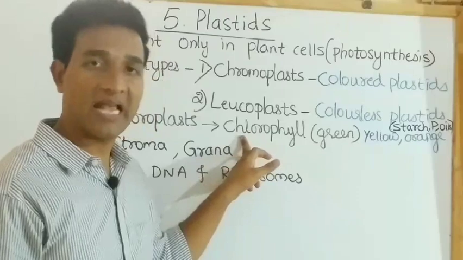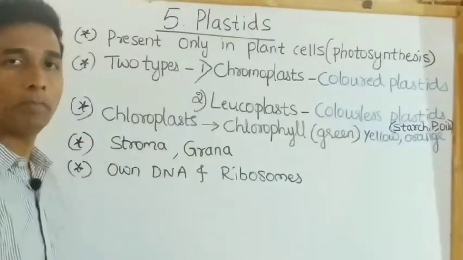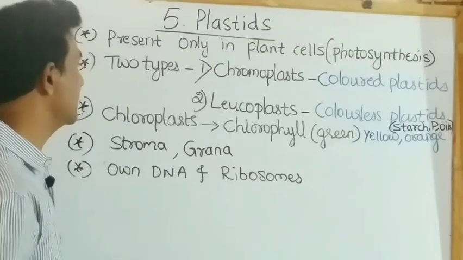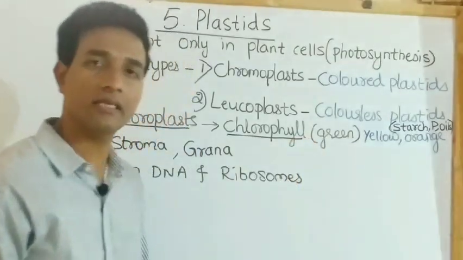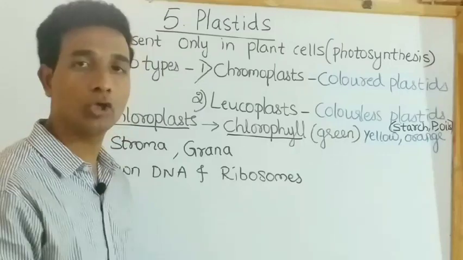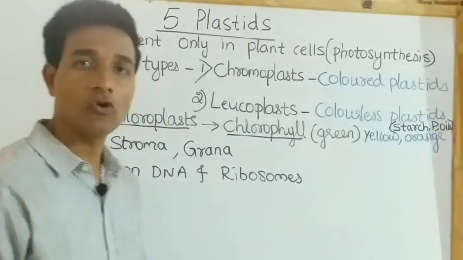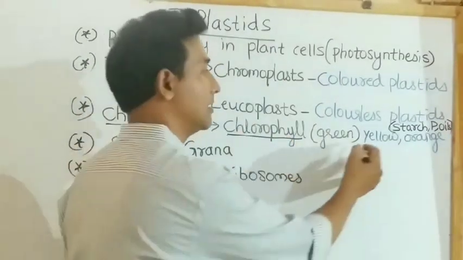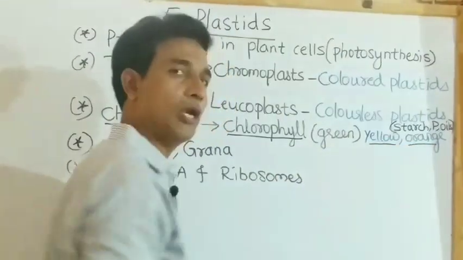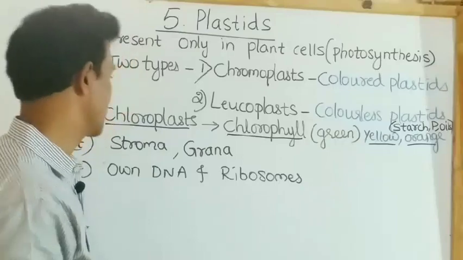If the plastids are green in color, then it's called chloroplast. So chloroplast is green in color, and the pigment present in the chloroplast is called chlorophyll. It helps in photosynthesis. With the green pigment chlorophyll, the plant may also have yellow or orange pigments in the chloroplast.